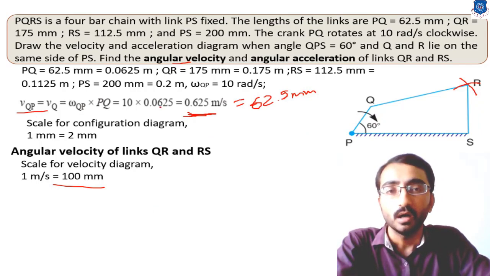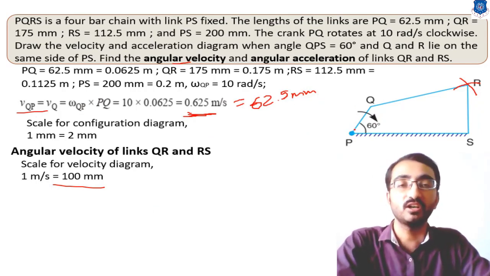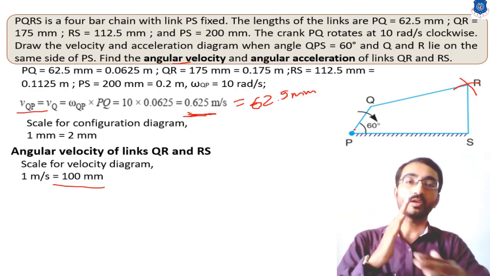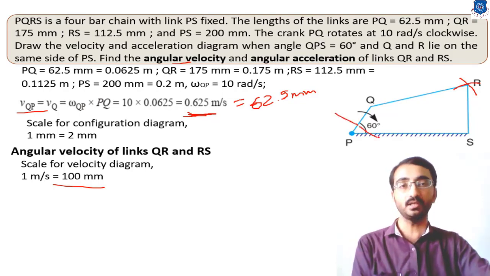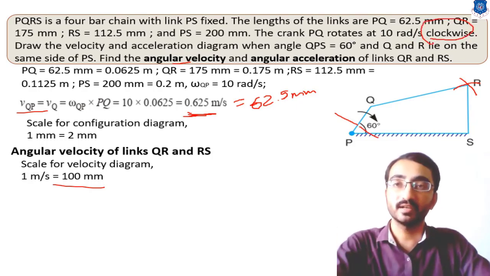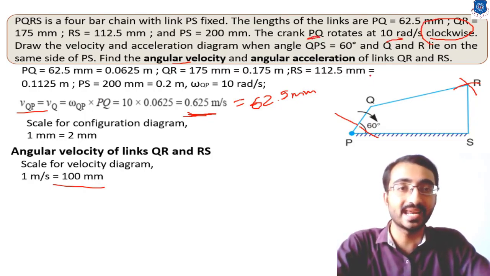Let's consider the velocity of link PQ. The direction of velocity of PQ will always be perpendicular to its motion. Perpendicular gives two options, either upward or downward. Another data point is that the rotation is given in clockwise direction. If you refer to the data, the 10 radian per second input of the crank is in clockwise direction.